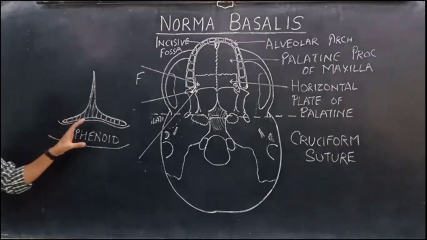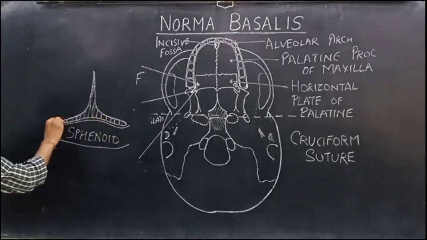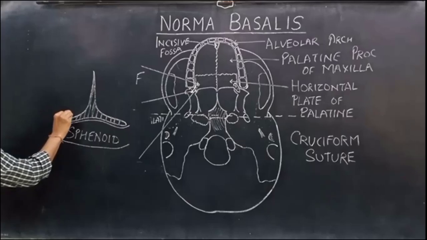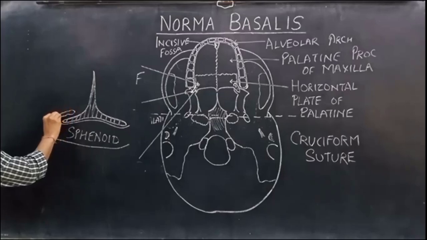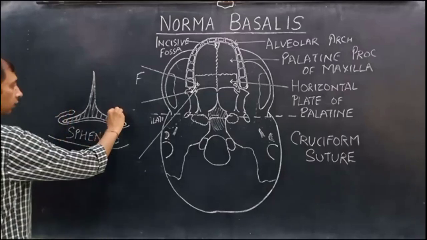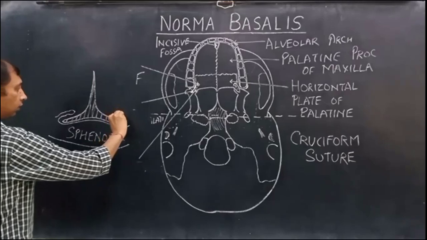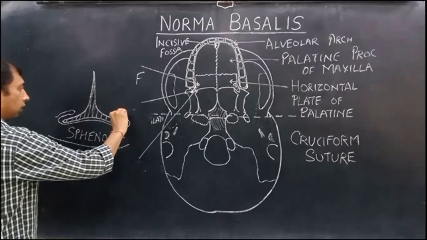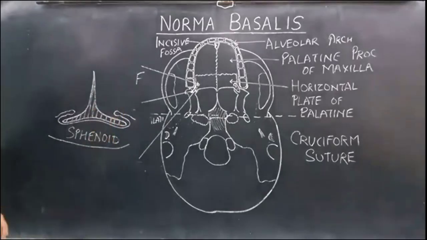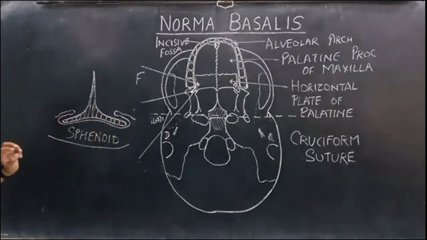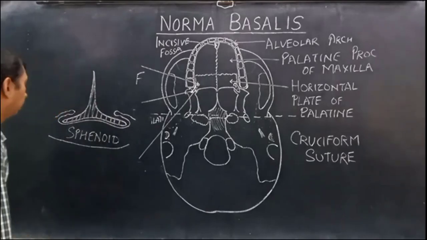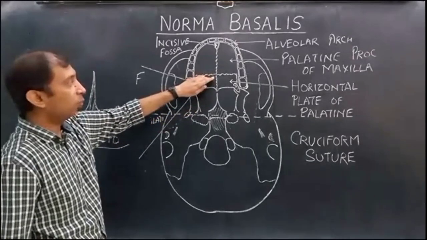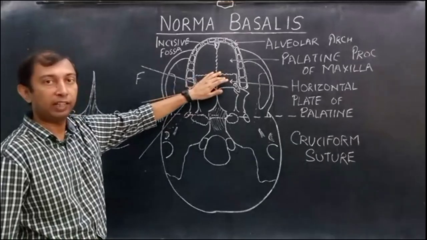So this sphenoid bone sends out a process like this on each side. This is the process of the sphenoid. And what is this bone? We already saw this is the palatine bone.